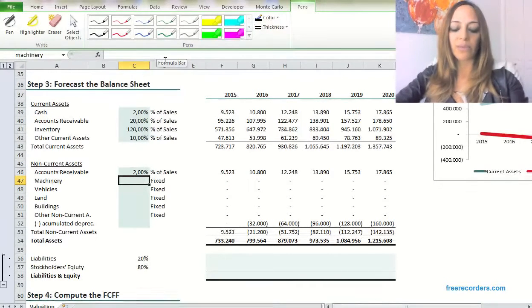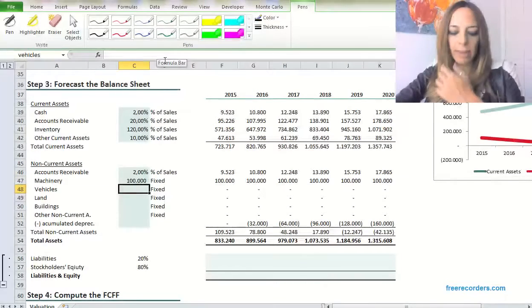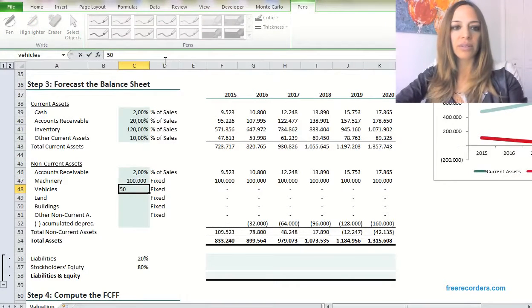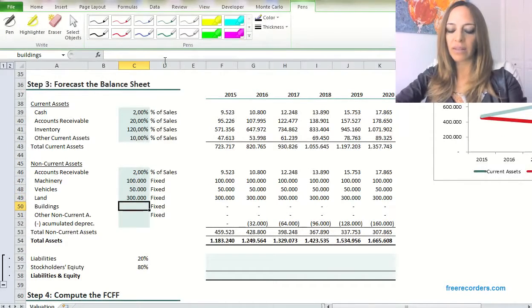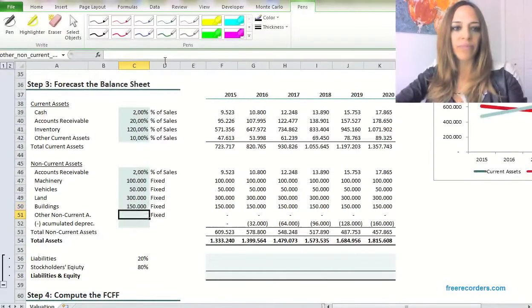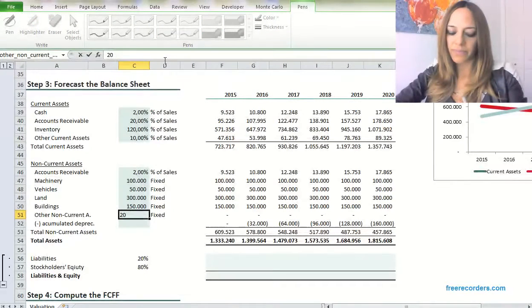Therefore, we will maintain machinery at $100,000 and $50,000 for vehicles, $300 for land, $150 in buildings, and then we have others of $20,000.